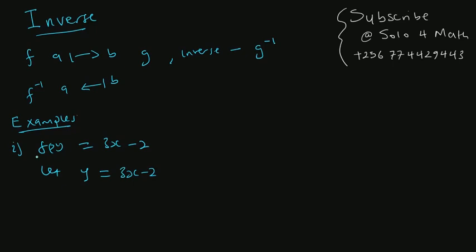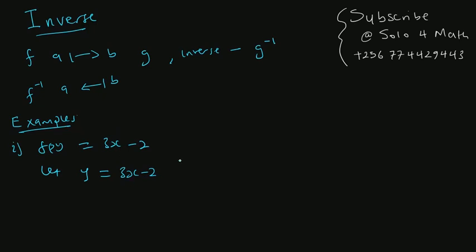We forget about this f(x) or whichever notation is used, introduce another unknown, and then find ways of making x the subject of the formula. If it was y, then you make y the subject. Now in this case we have x, so we make x the subject of the formula.